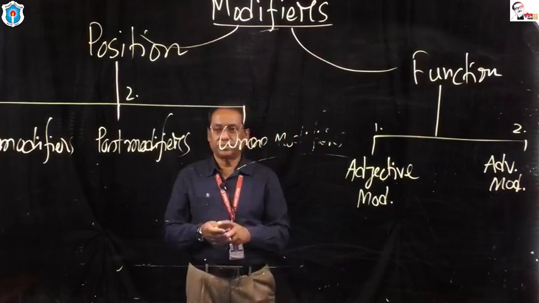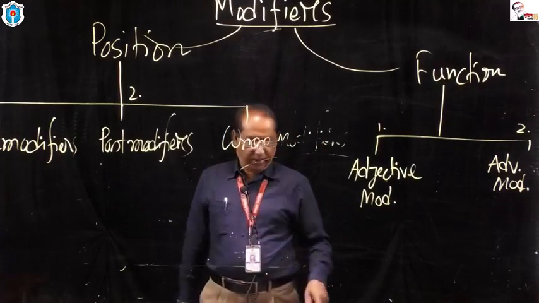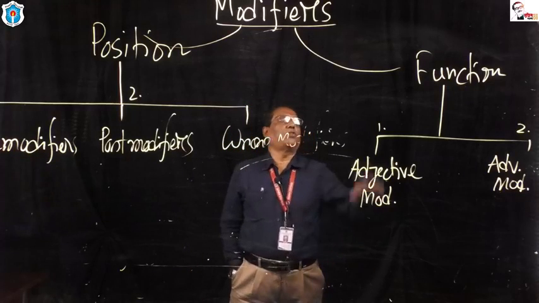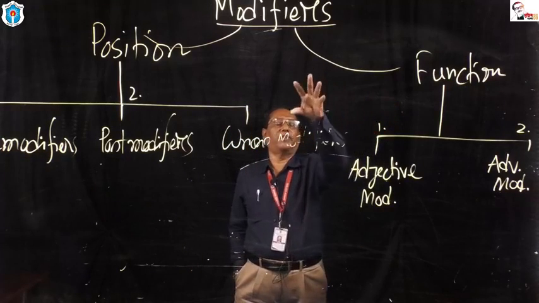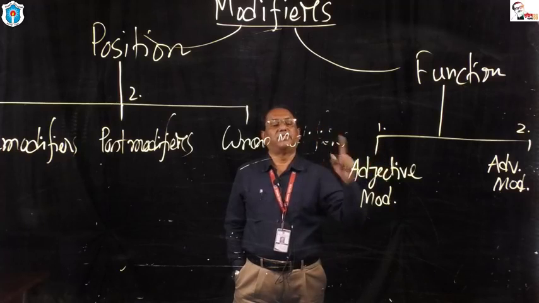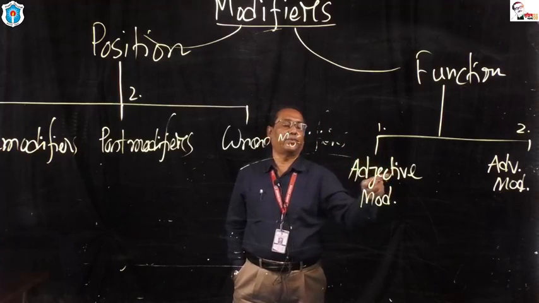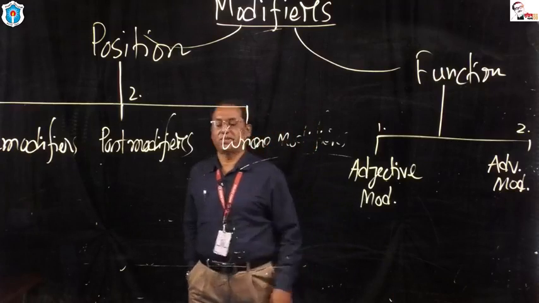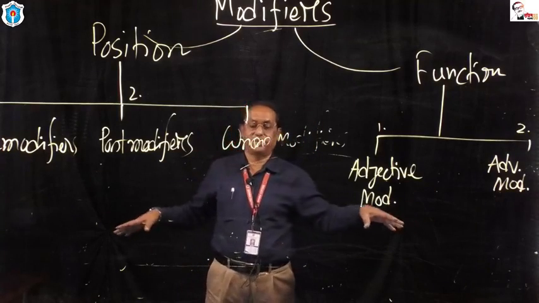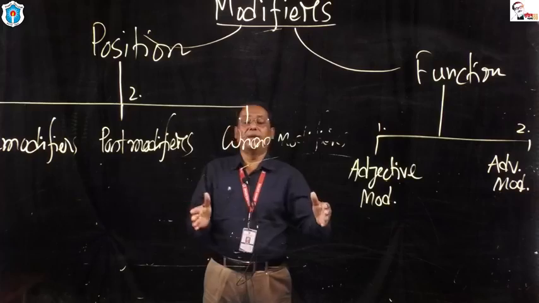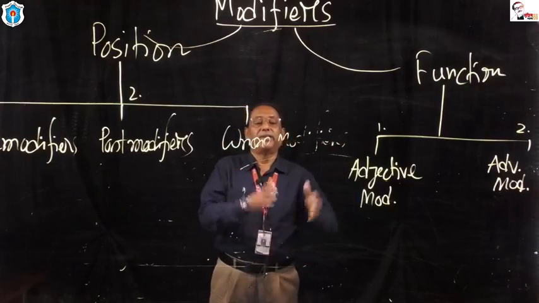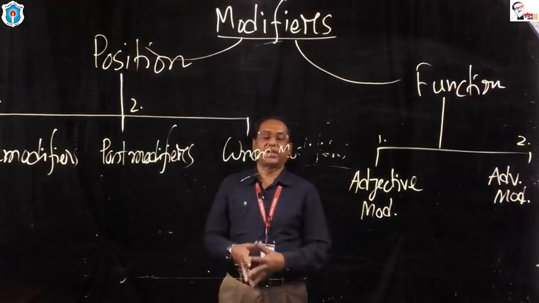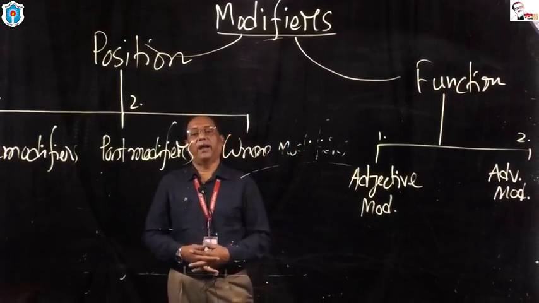My dear students, according to function, modifiers can be divided into two categories: adjective modifiers and adverb modifiers. In fact, all the modifiers in the world may be divided into two classes. First, adjective, and second, adverb.